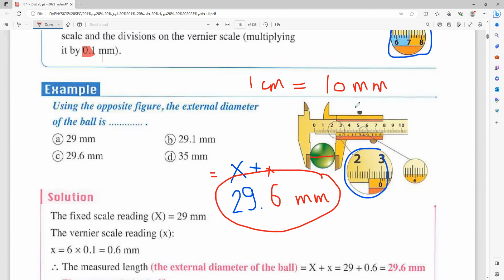Look at your ruler in your pencil case now. If you have a ruler of 10 centimeter, each centimeter has 10 divisions. Each division of them is 1 millimeter. So after the reading of 1 centimeter, it has 10 divisions, and 2 centimeter also has 10 divisions. Okay?